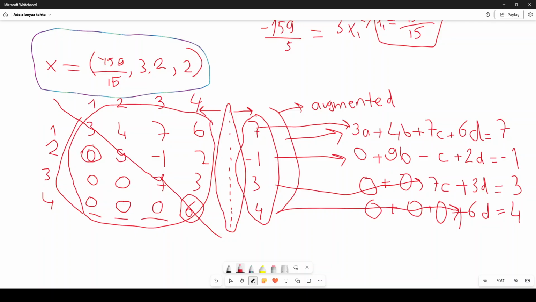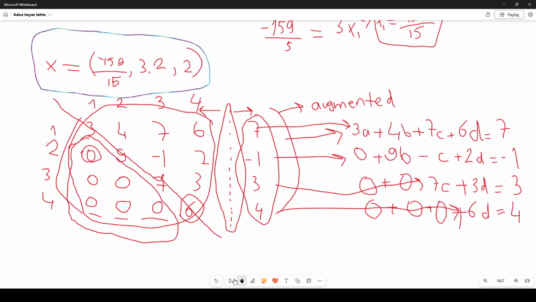And an upper triangular matrix, which lets us compute the solution set of a system, is this: if we have all zeros below the main diagonal, then we have what is called an upper triangular matrix.